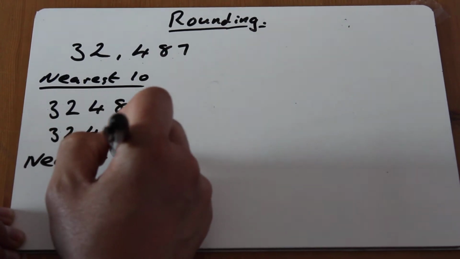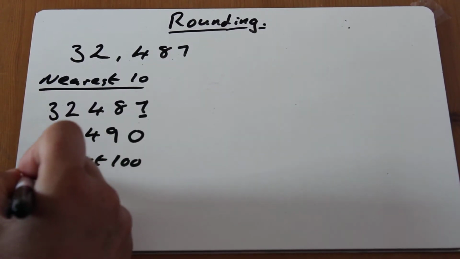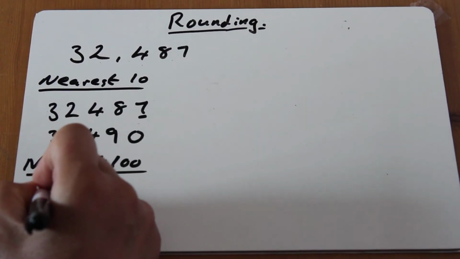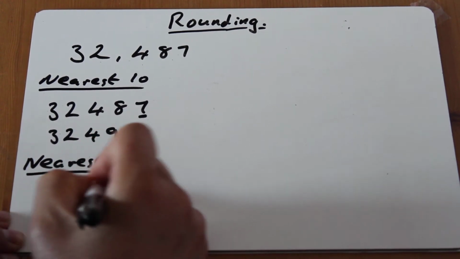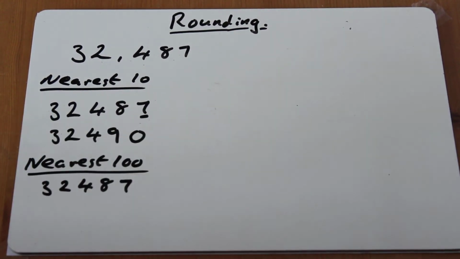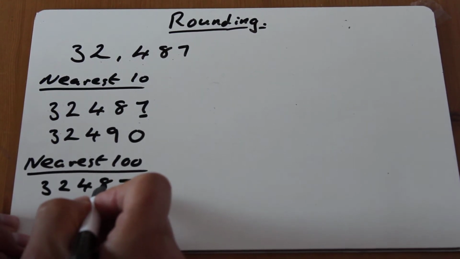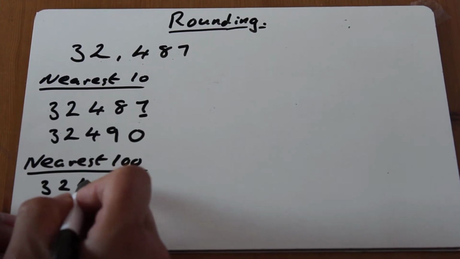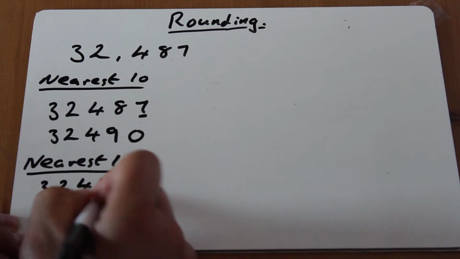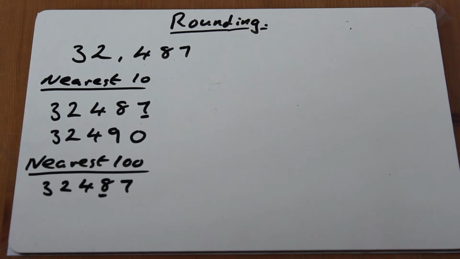Okay, if we wanted to write it to the nearest 100, again, write down my original number, which is 32487. This is the hundreds column, so it's the tens column which is going to determine what happens to this 4. So I just put a little line underneath that.